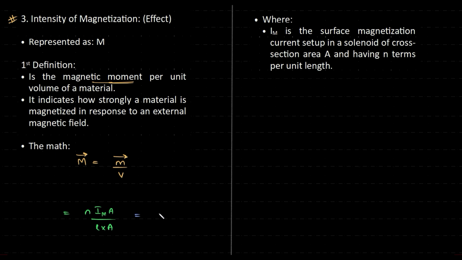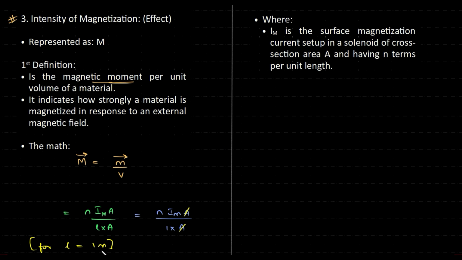If I make it per unit length, per meter, L and A can get cancelled, for L equal to 1 meter. So what do we have? We have M equal to Ni. Here i is the surface magnetization current set up in a solenoid of cross section A having N turns per unit length.